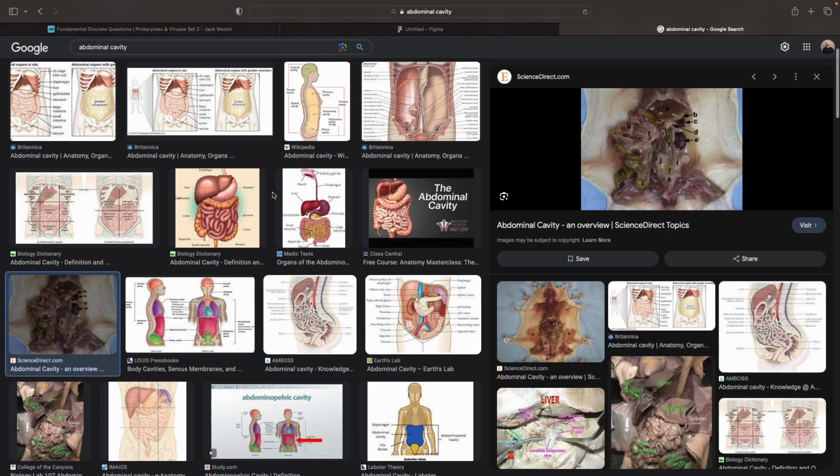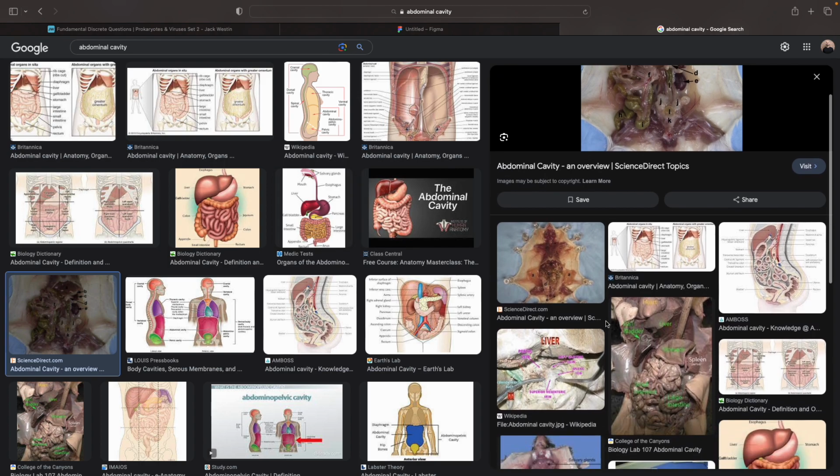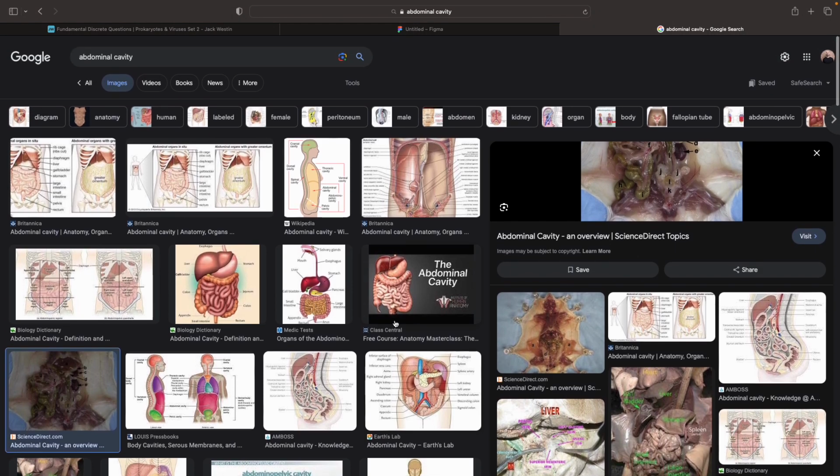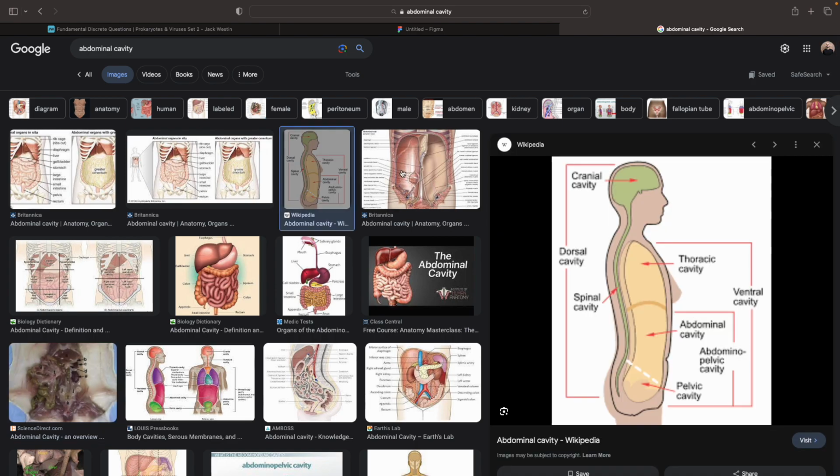This is kind of what I like to see, but that is weird. That is for a mouse or something. It's not for a human being. So the abdominal cavity is on the upper section. We have the pelvic cavity. We have the abdominal pelvic cavity both together.